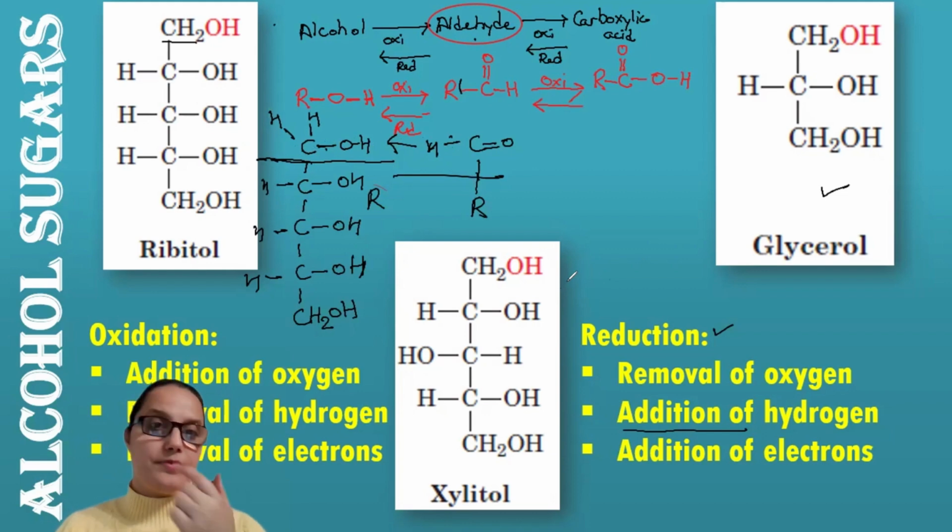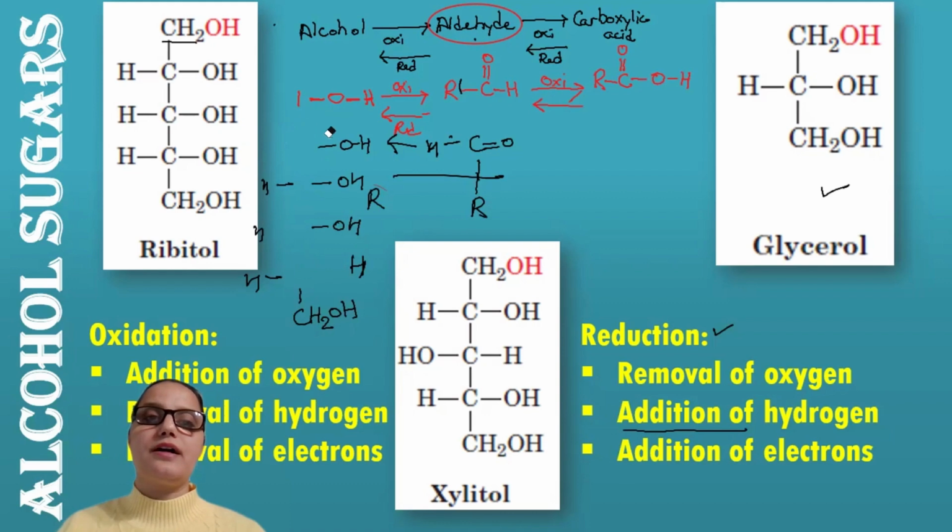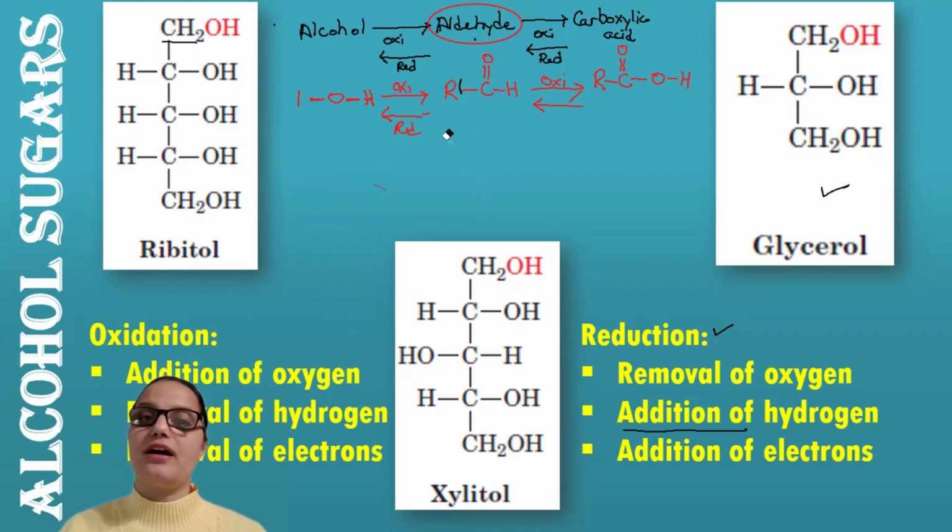Now, as we have done this, we need to step on to the next slide, where we need to do the acid derivatives, right? In the acid derivatives, we know that it will be the oxidation. Acid derivatives of these polyhydroxyaldehydes will be formed by the process of oxidation.